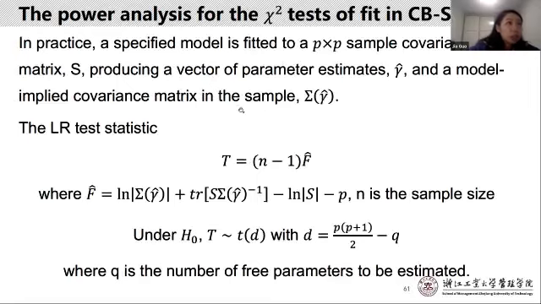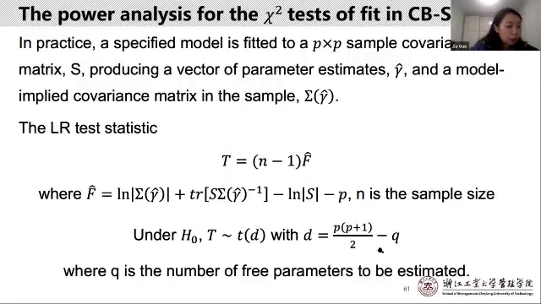And then to test the model fit, we use the likelihood ratio test statistic as follows. Under the null hypothesis, the test statistic follows a central chi-square distribution with degrees of freedom d. d has this formula.